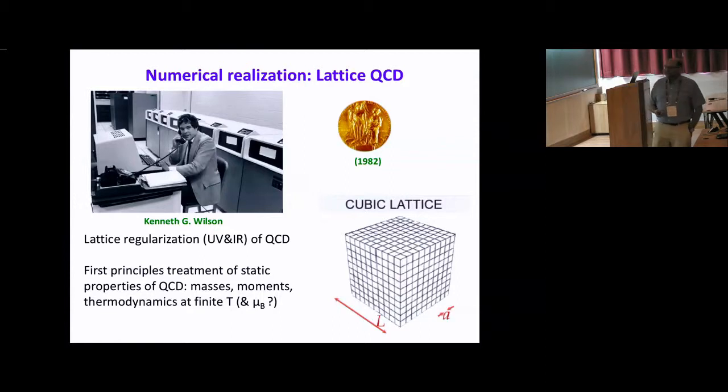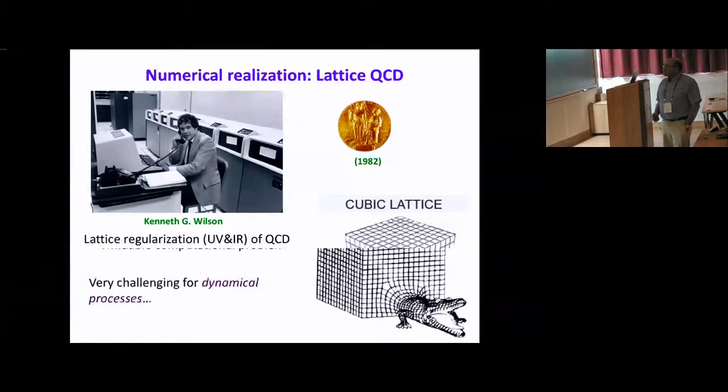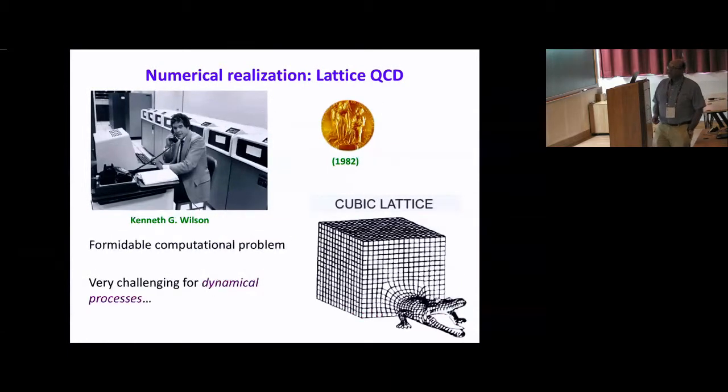specifically in the context that he mentioned of finite temperature and baryon density. But in general, it gives a first principles treatment of static properties of QCD, masses, moments, and thermodynamics that Peter talked about. But as you probably gather from Peter's talk, even for those quantities it's a formidable computational problem.